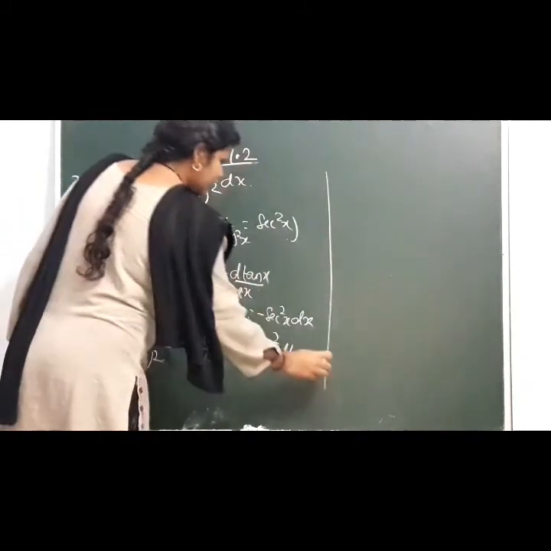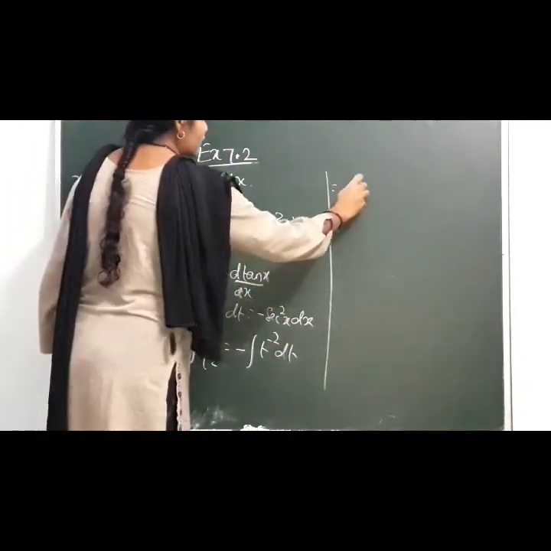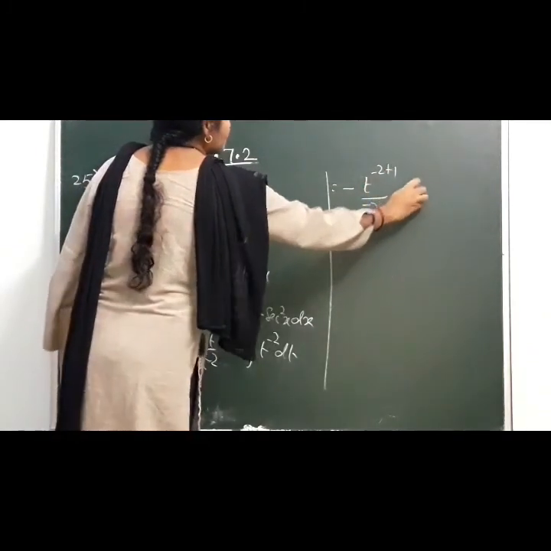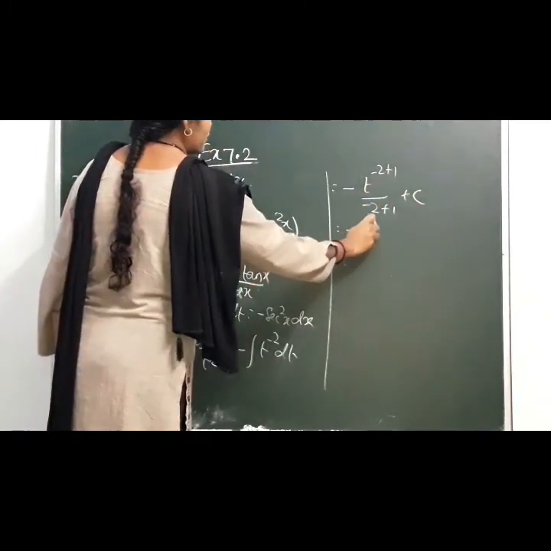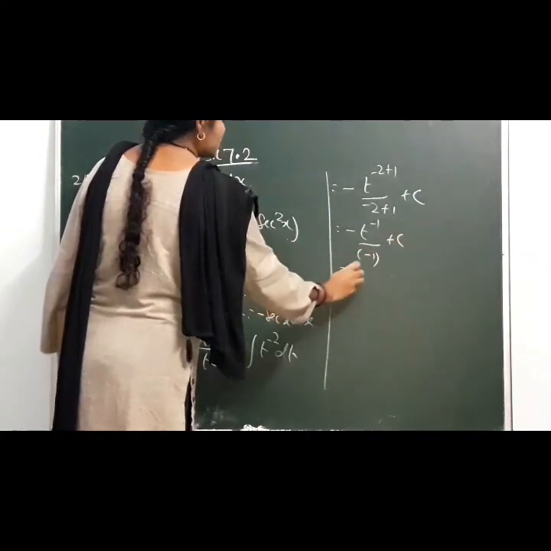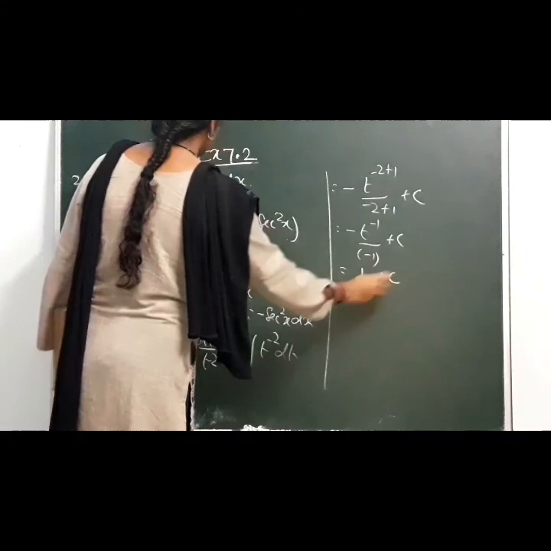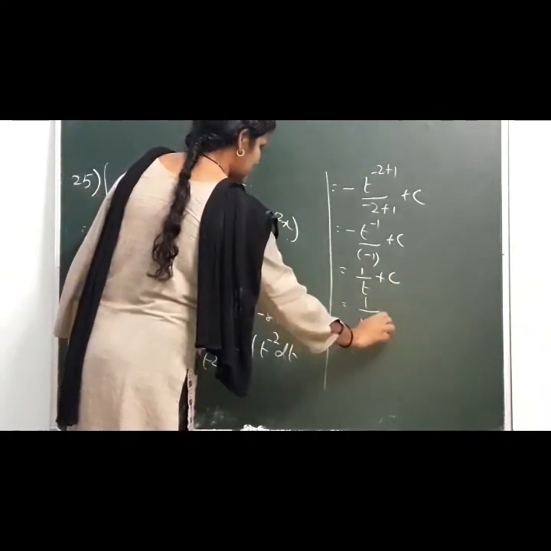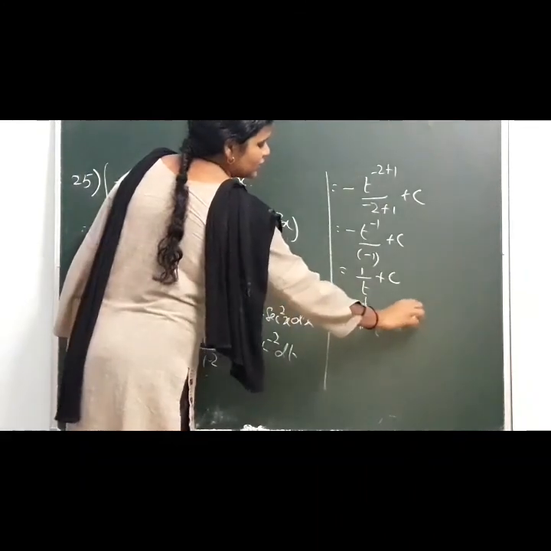Now apply the integration. What will you get? Minus t to the power of minus 2 plus 1 upon minus 2 plus 1 plus c. So minus t to the power of minus 1 upon minus 1 plus c, minus minus plus, so 1 by t plus c. What is the 1 by t here? 1 by (1 minus tan x) plus c. This is the answer.